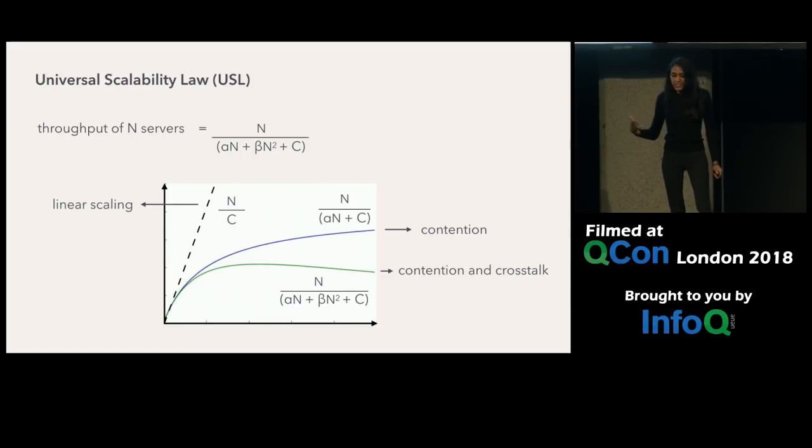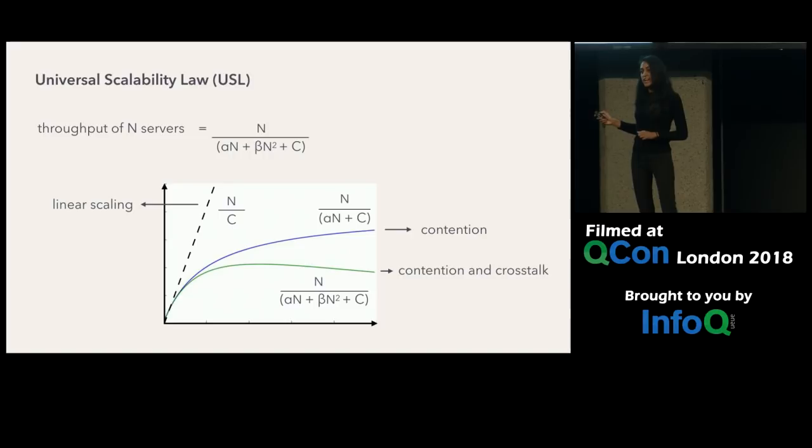There are examples of this online in Baron Schwartz's blogs and Neil Gunther's blog posts. I personally have not seen this. All right, so that's universal scalability. And that helps us answer the question, what is the throughput of my cluster?